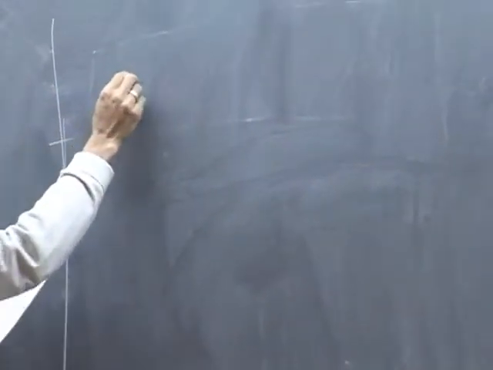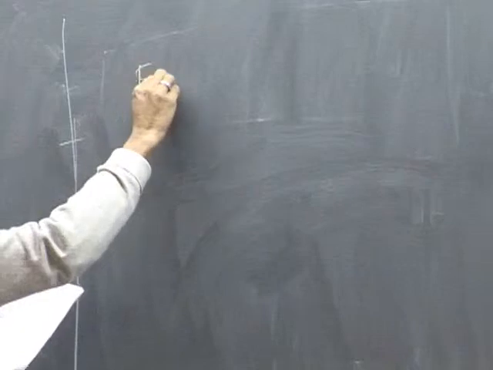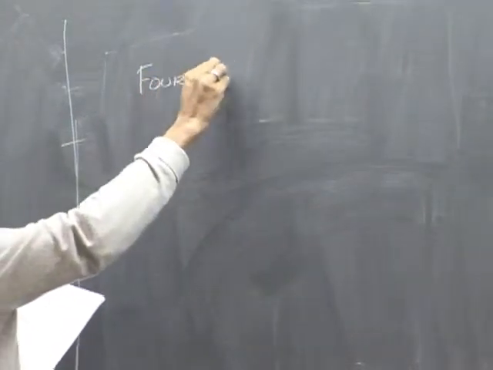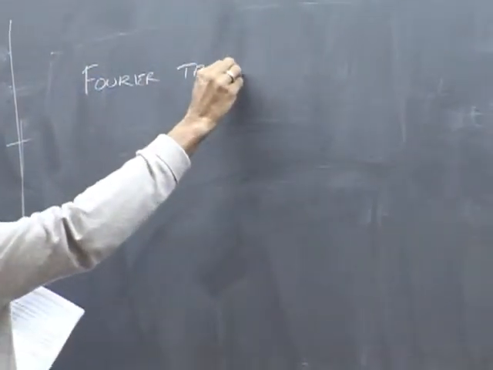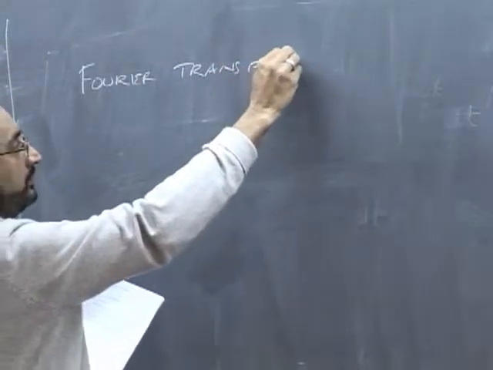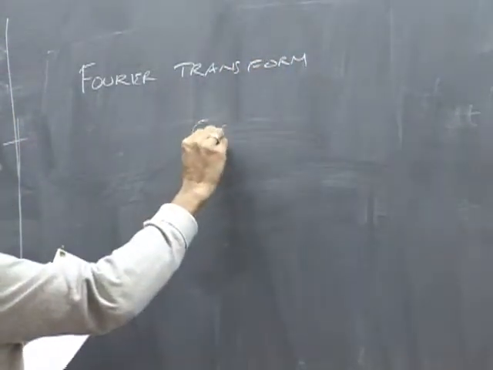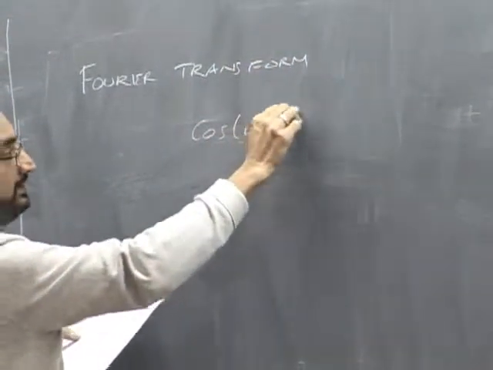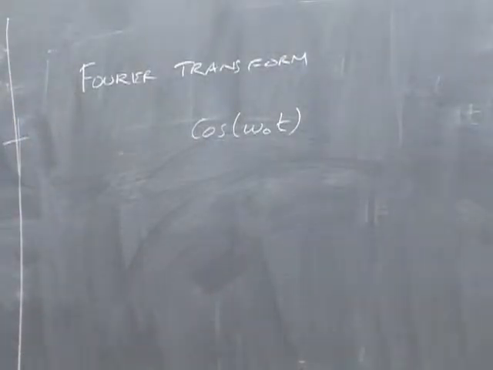So let's compute the Fourier transform for cos omega naught t. What's cos omega naught t? Well, cos omega naught t is a sinusoid, and its frequency is omega naught, right? So it's a phasor.